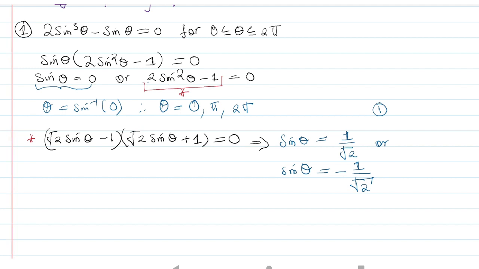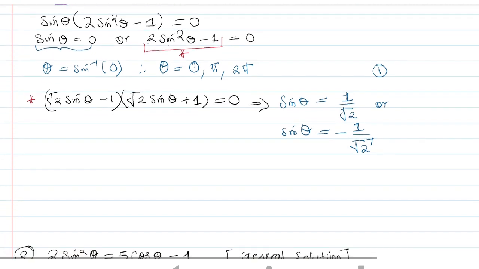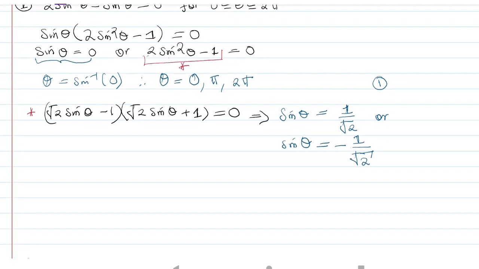Okay, now what we are going to do is very simple. Let us try and see if we can represent this solution on a simple diagram. In the first quadrant, all trigonometric ratios are positive. In the second quadrant, only sine is positive, in the third only tan is positive, and in the fourth cosine is positive.